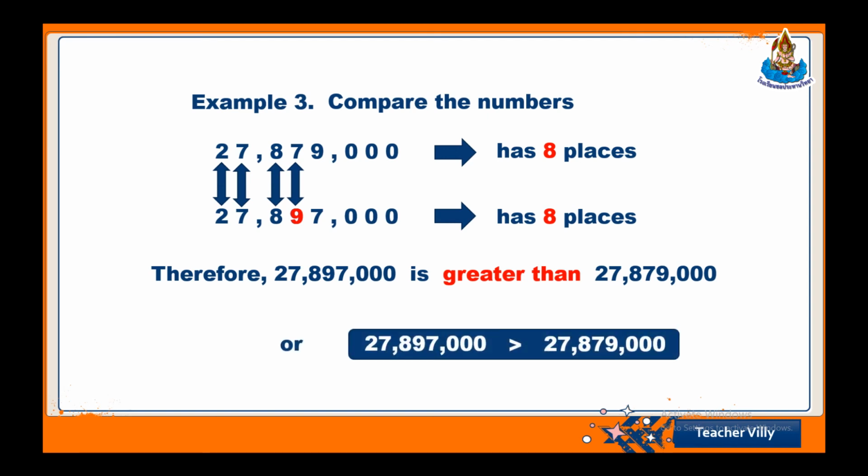So we use the symbol: 27,897,000 is greater than 27,879,000. Very good. Now let's move on to our next example.